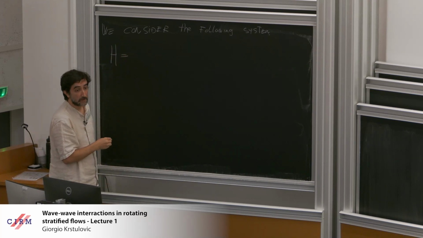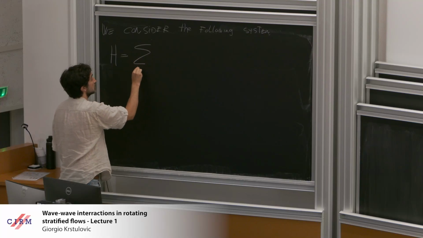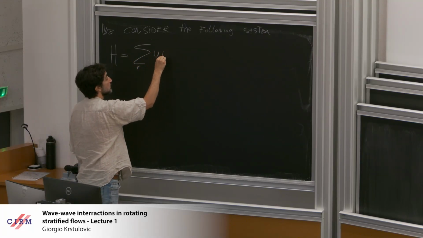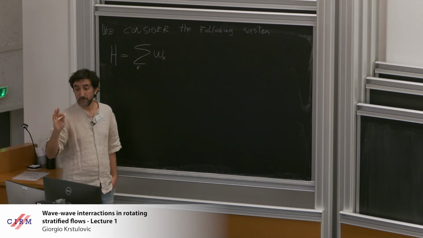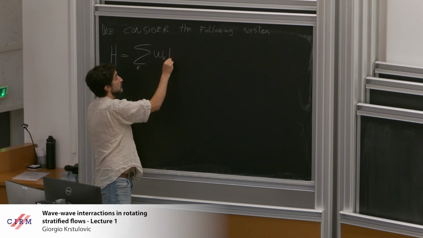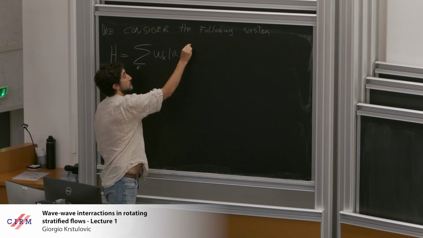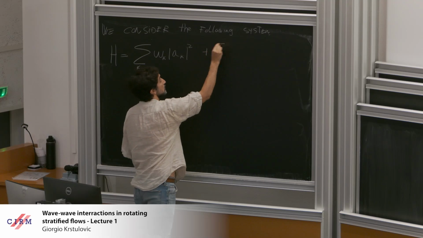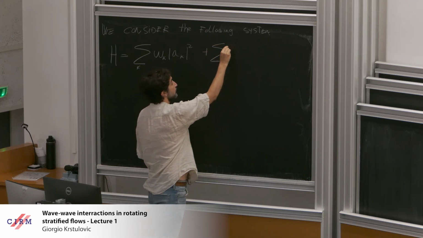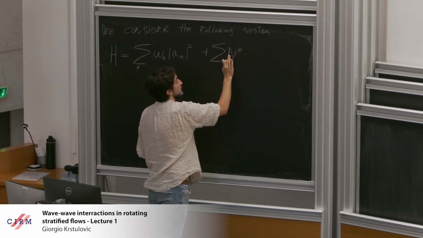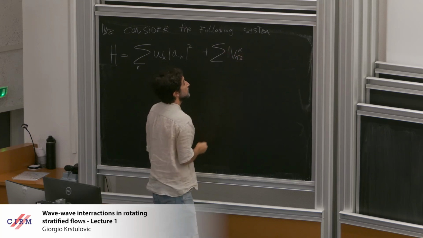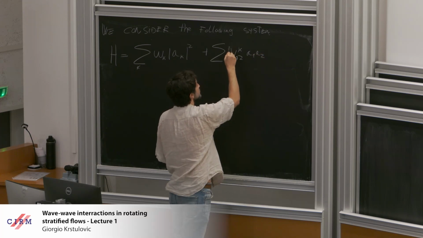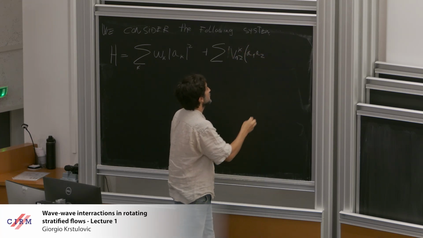It is described with a Hamiltonian, which first has the waves, so it will be just some dispersion relation that I don't need to specify. That's the wave dynamics. And I add some interaction, and that will be A1, A2, A1, A2.